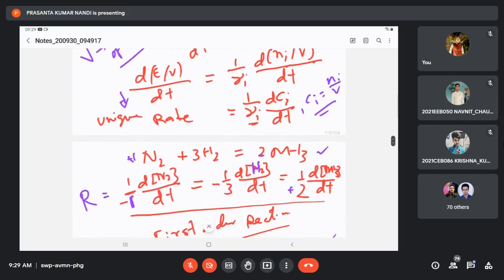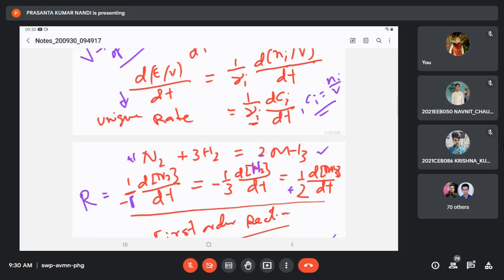Say for example, what I'm discussing right now. So the rate of reaction, which is unique. Look, whether we express it in terms of nitrogen or hydrogen or ammonia, in all cases this unique rate as we defined just now can be written like this.